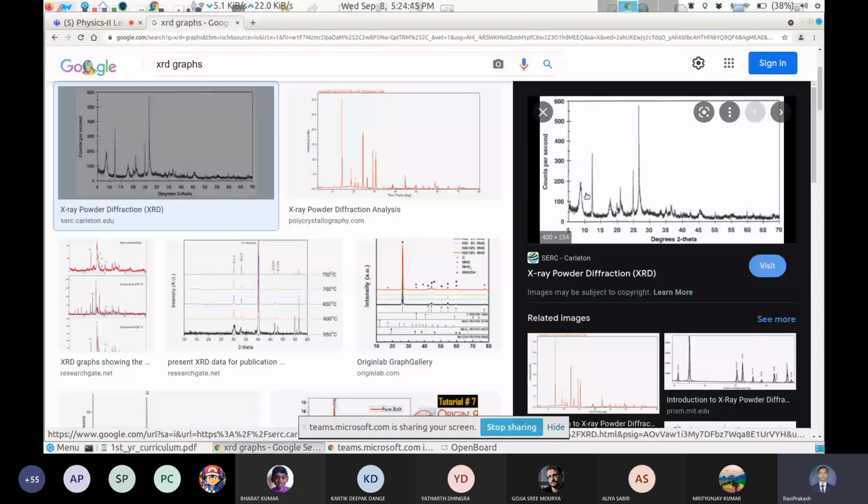This dark bottom line is the noise in the data; the fluctuations you see at the bottom are noise. But at some points, you are seeing extremely sharp peaks. One thumb rule is that intensity also depends on order. In the first order the intensity will be higher, in the second lower, and in the third even lower. Okay.